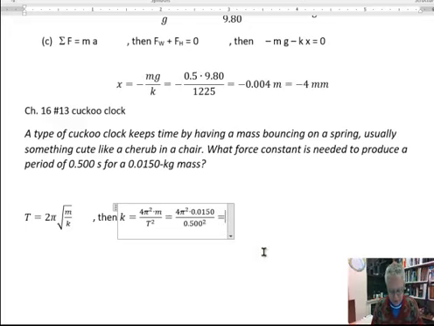And I could have prepped that too, I guess. So here's my calculator: 4 pi squared times 0.015 divided by 0.5 squared, enter, and I'm going to come up with, or round it, 2.37.